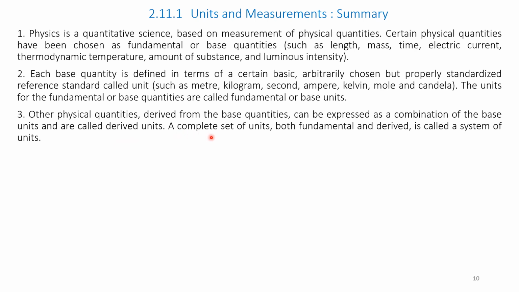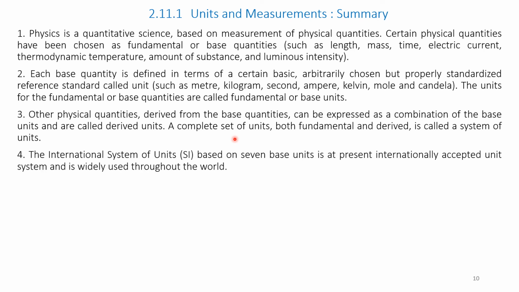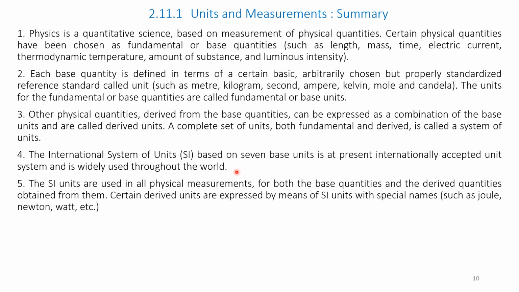A complete set of units, both fundamental and derived, is called a system of units. The international system based on 7 base units is the internationally accepted unit system and widely used throughout the world. The SI units are used in physical measurements for both base quantities and derived quantities obtained from them.